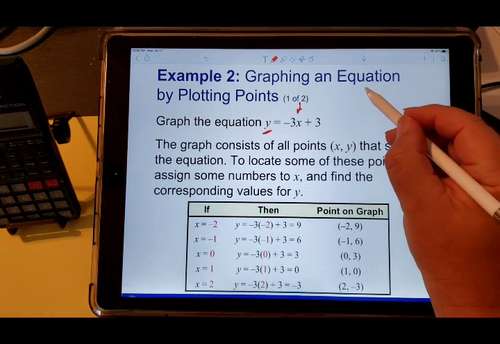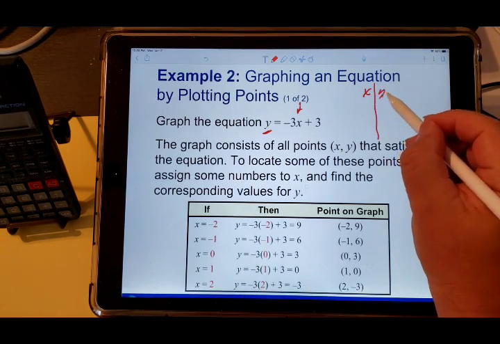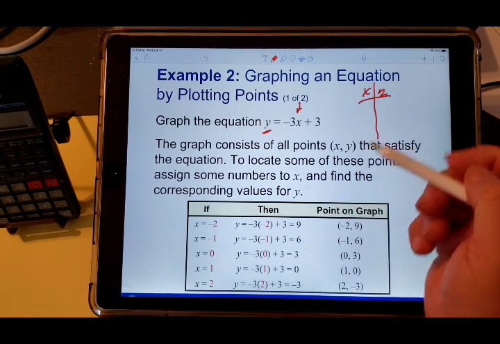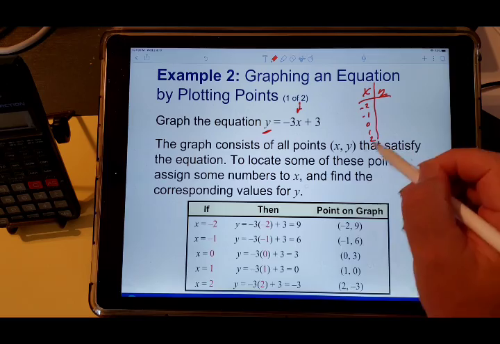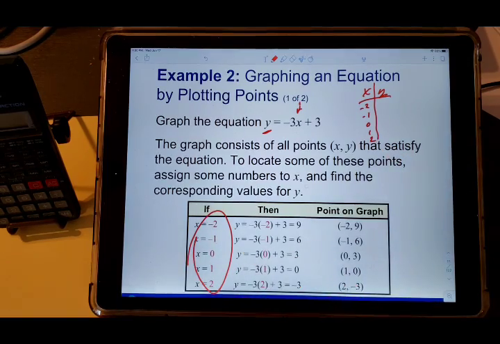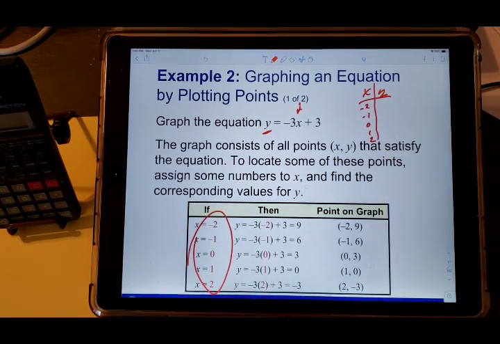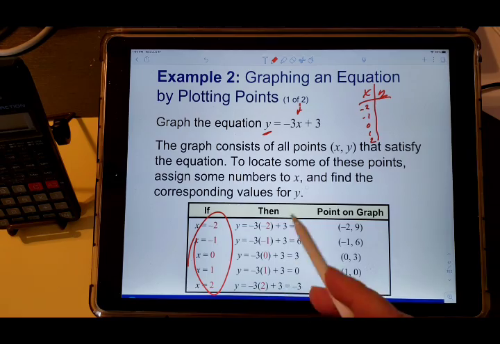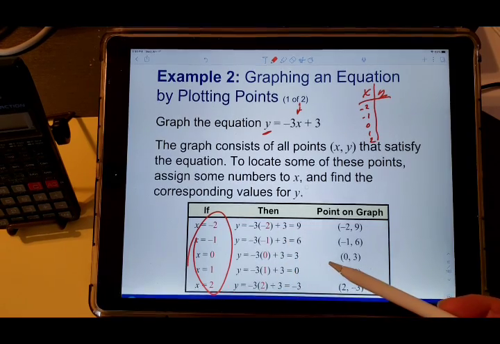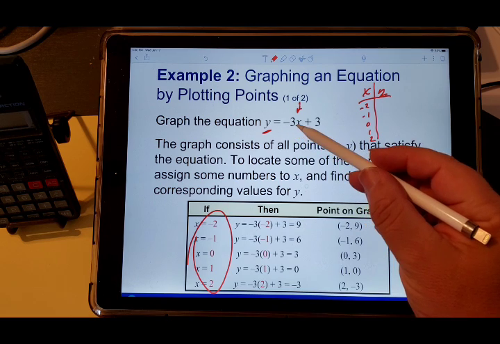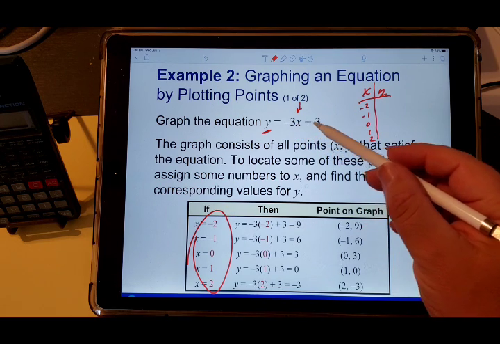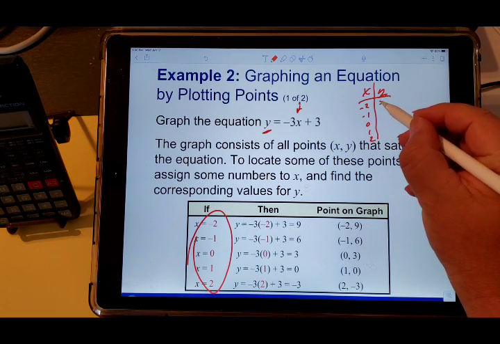So what am I going to do? I'm going to pick my x values. So I pick -2, -1, 0, 1, and 2, just like the book did down here. And then you don't have to show the calculations, but you want to calculate. So if I put in -2, I'd have -3 times -2, that's +6, plus 3, that's 9.